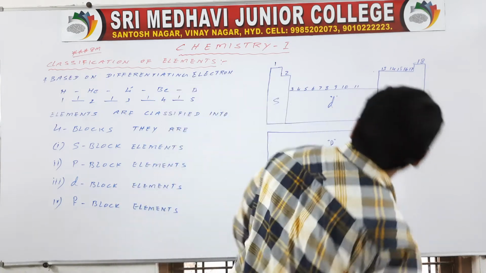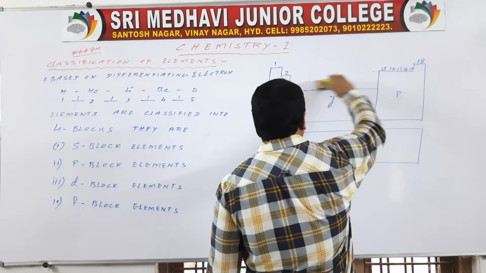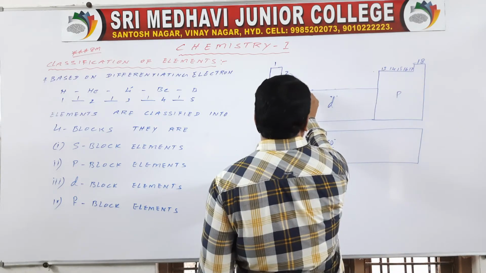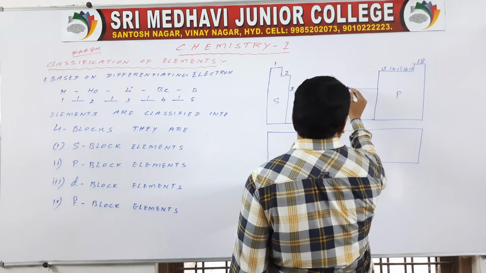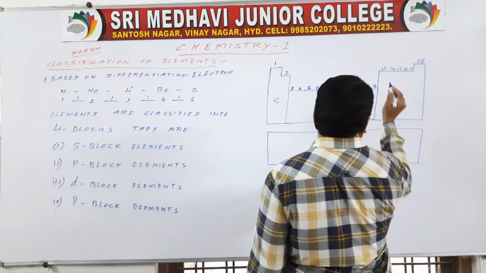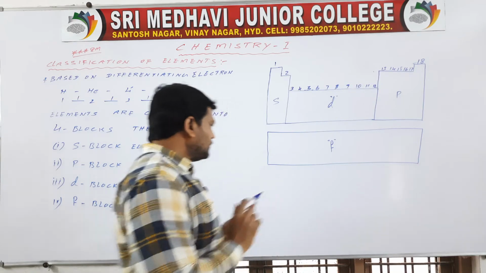Like this we may give IUPAC numbering. So 1 to 18 groups.